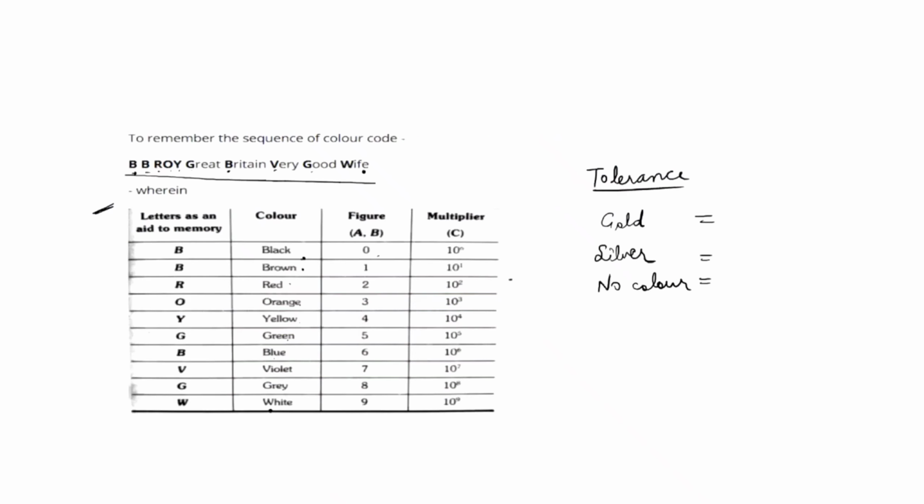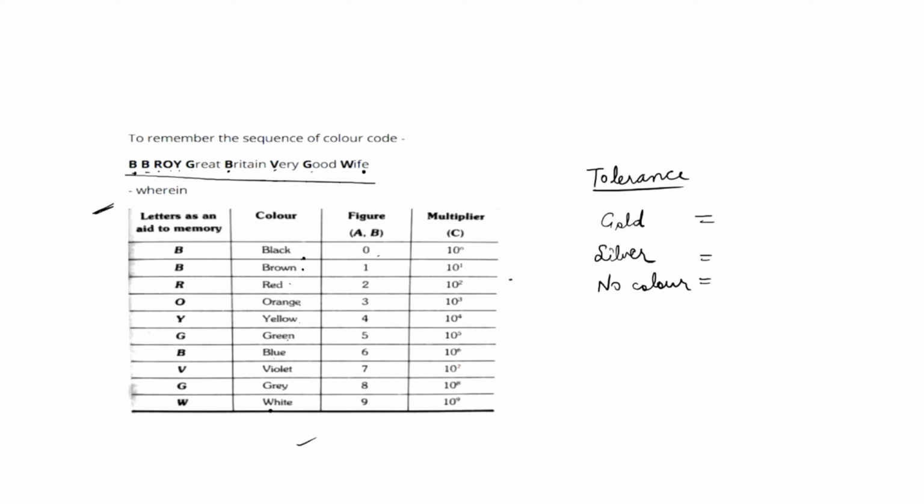If it is black, then 10 raised to the power 0; brown, 10 raised to the power 1; red, 10 raised to the power 2; orange, 10 to the power 3; yellow, 10 to the power 4; green, 10 to the power 5; blue, 10 to the power 6; violet, 10 to the power 7; gray, 10 to the power 8; white, 10 to the power 9.